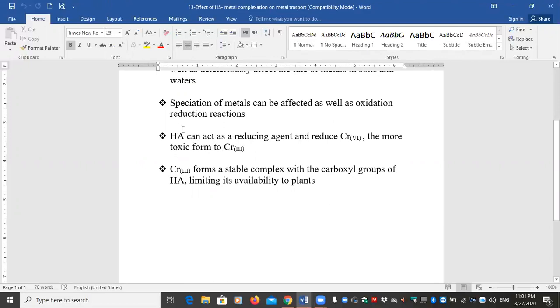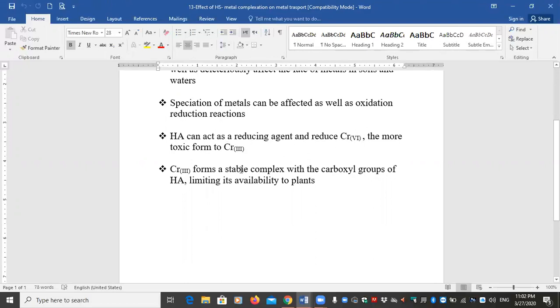Here, that is something good. When you have the valence 6 and it becomes 3, that's reduction. So this is a reducing agent. It reduced chromium from chromium 6 to chromium 3.